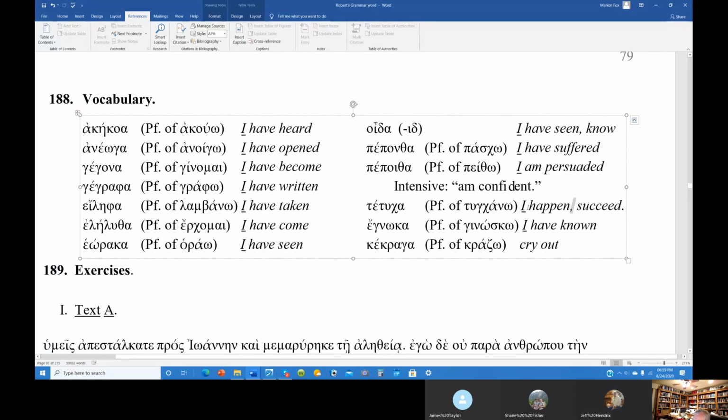This is the gloss that probably you'd have in the first person, and you happen to do this. I'm going to look it up in Thayer right now. Okay, let's just take a quick look at it. Tugchano seems to be somewhat different than the concept of interceding. It happens.